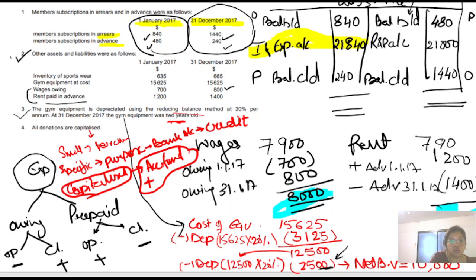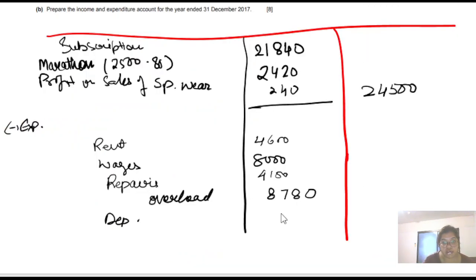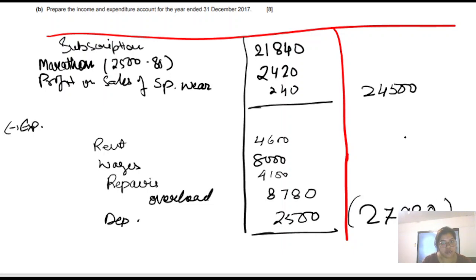So we write here depreciation 2500. After that our total expenses are 27980, and we have to deduct it from our total income.